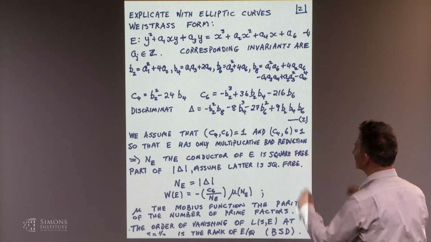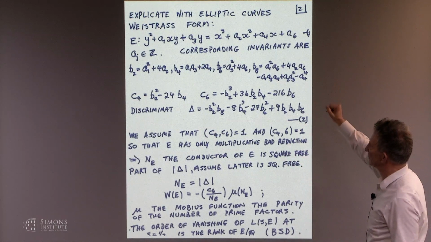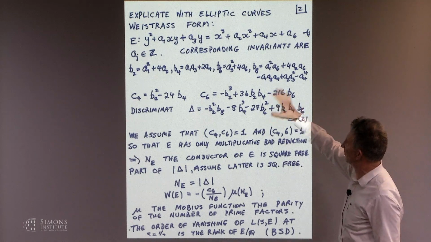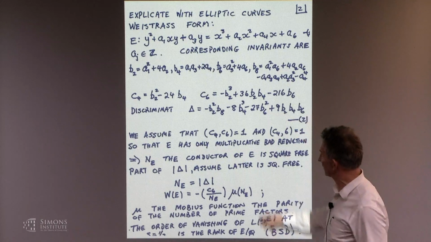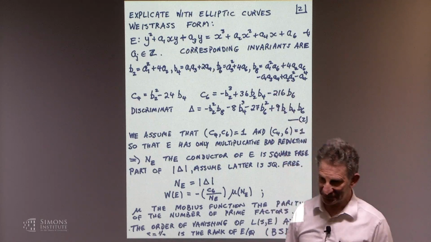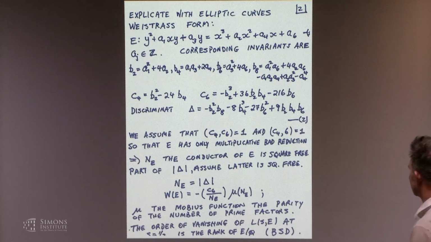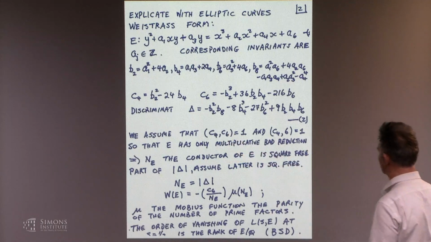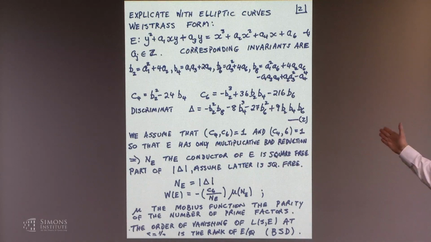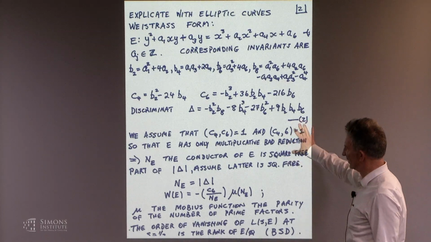Given this global elliptic curve, defined over the integers or over the rationals if you wish, you form these standard invariants. Don't look at them too carefully. The most important thing is the discriminant, which is the discriminant of the cubic. Given an elliptic curve like this, I'll make some assumptions about the coefficients. They're minor: relatively prime conditions about c4, that polynomial there, and c6. And if this is not true, you can get around that without too much difficulty.